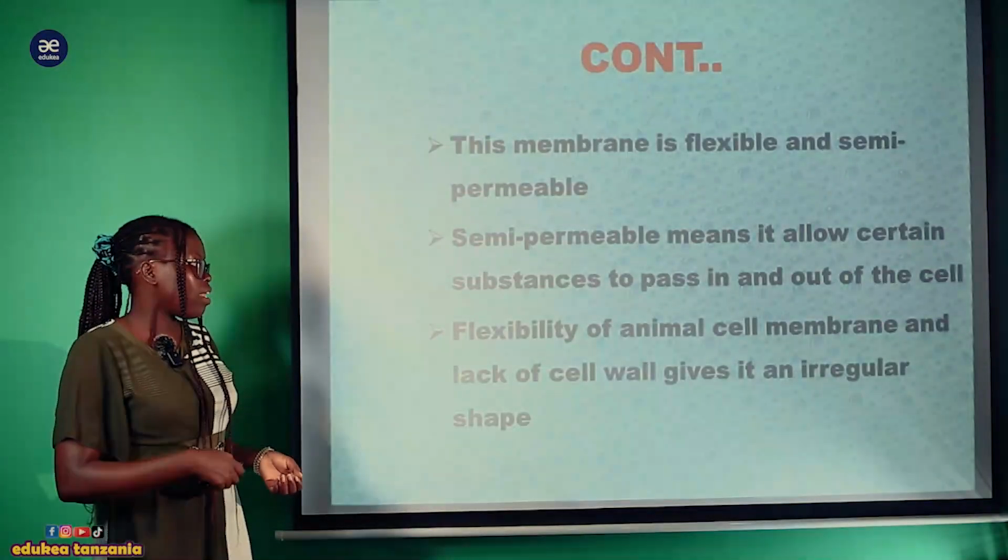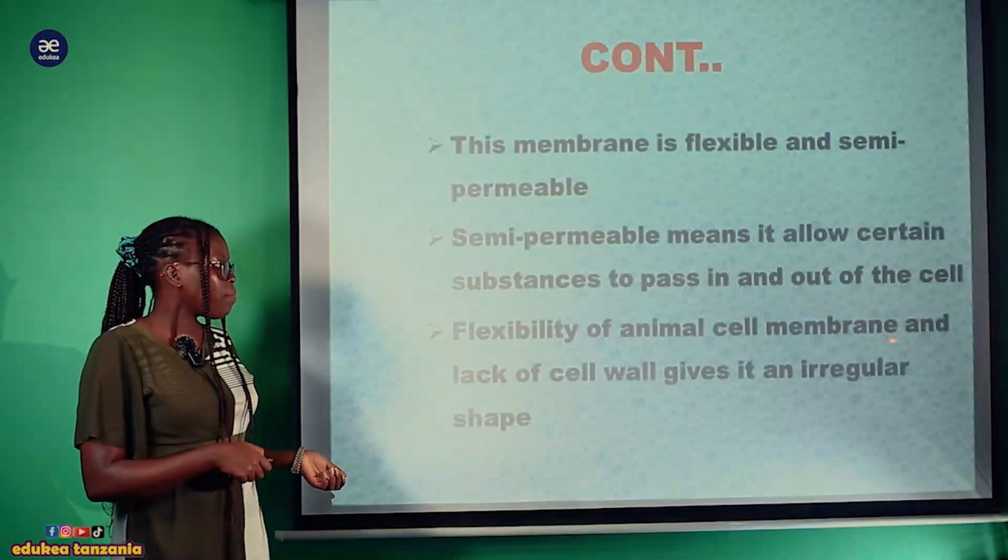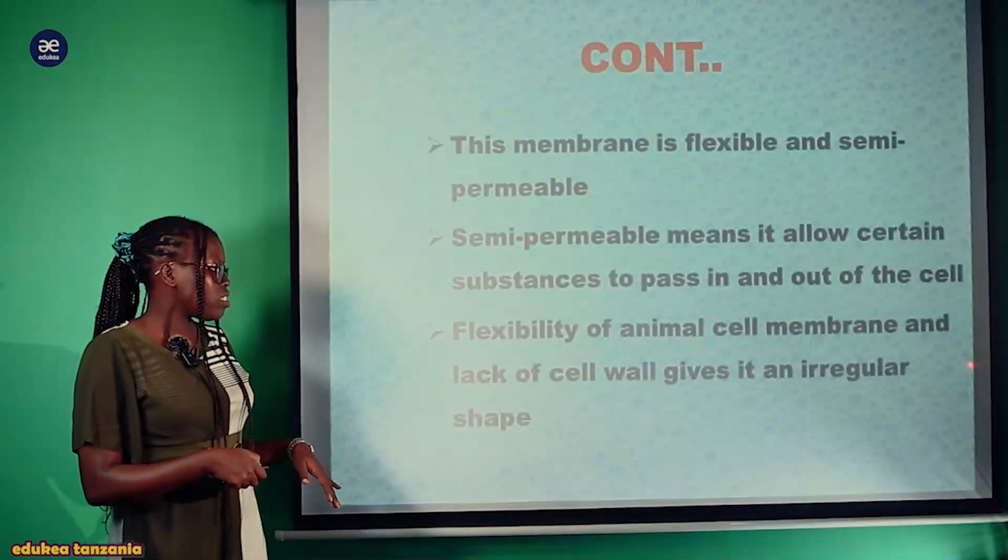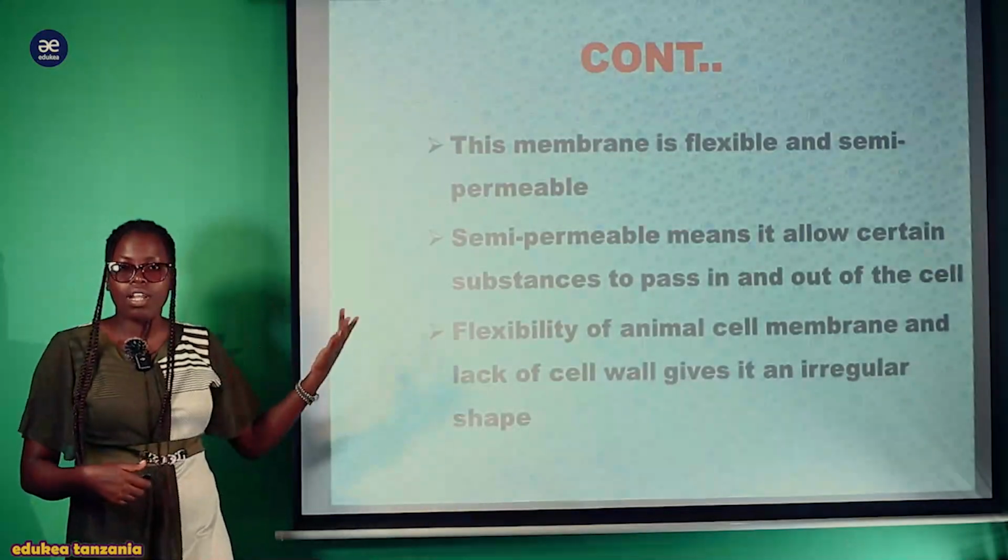The flexibility of the animal cell membrane and the lack of a cell wall give it an irregular shape. We have already seen in our structure that it has an irregular shape.